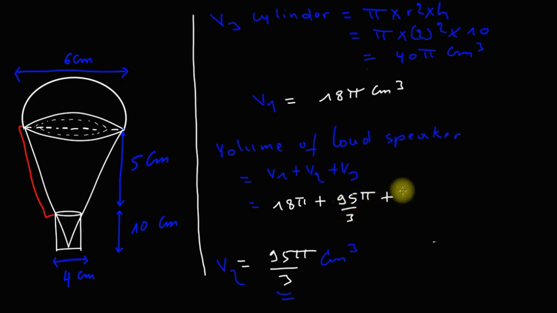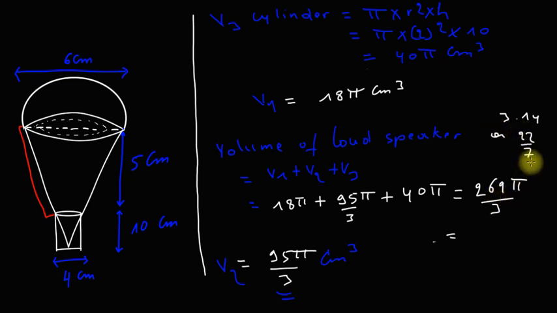plus volume 3, which is equal to 40 pi, and this will be equal to 269 pi over 3, and this is equal to, pi is equal to 3.14 or 22/7.